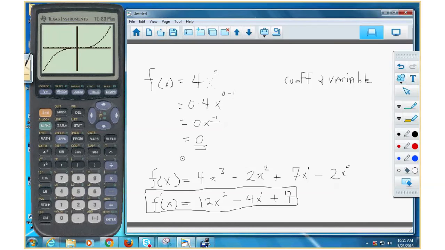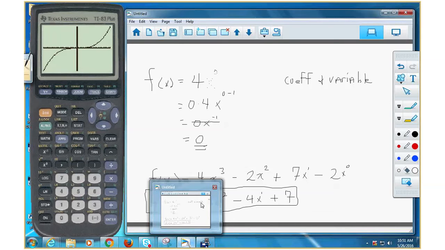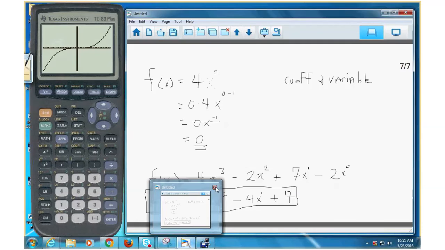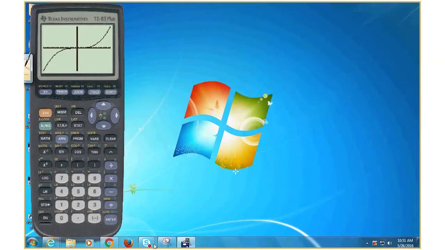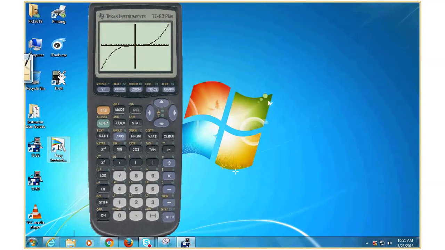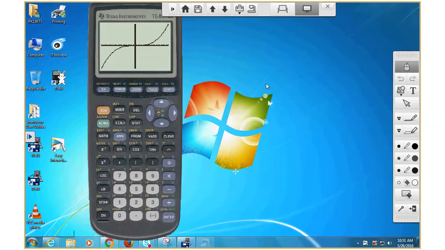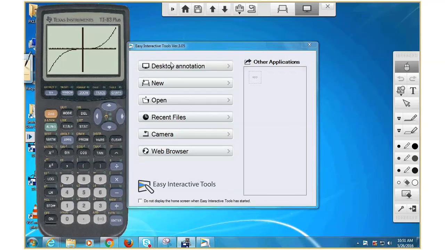Now, it's going to be a funny rate of change because what is this? It's a parabola. So if you actually put that in there, you're going to see, what did I just do? Okay, anyway.